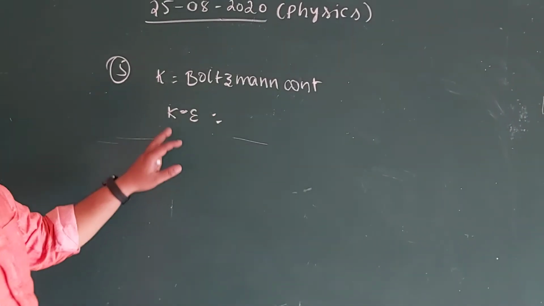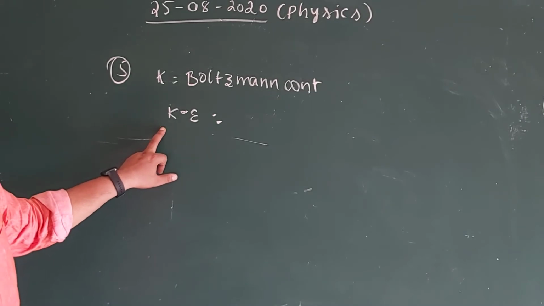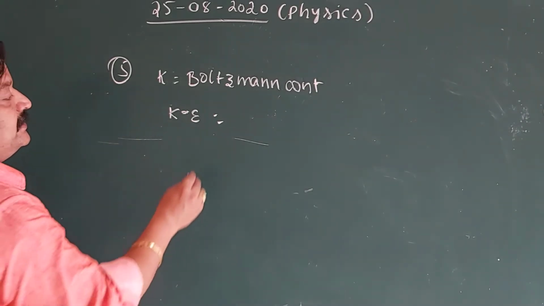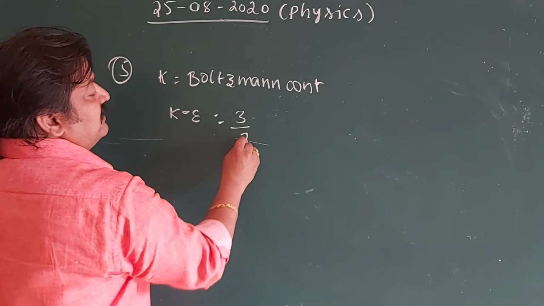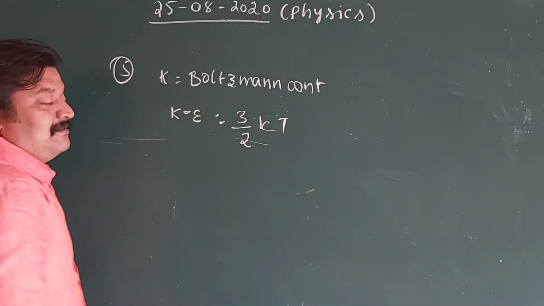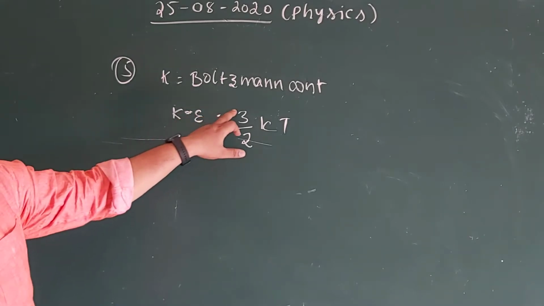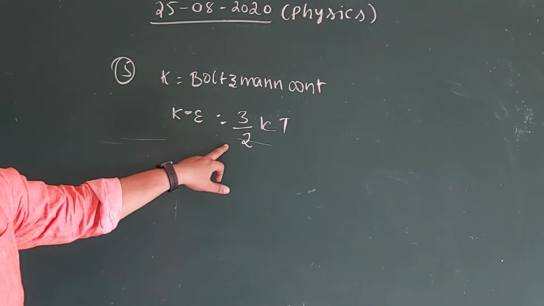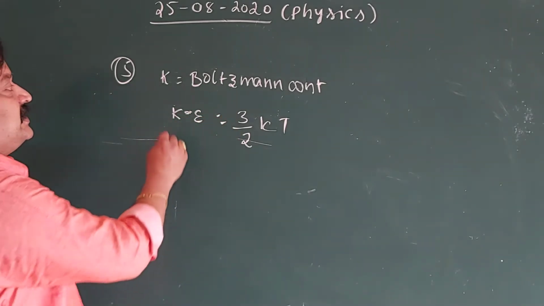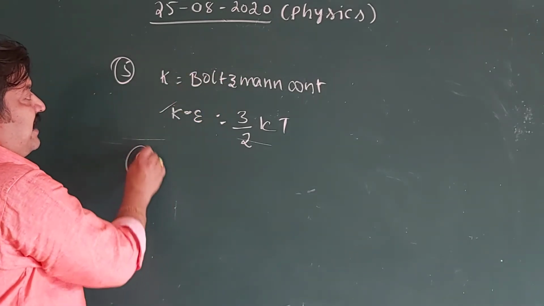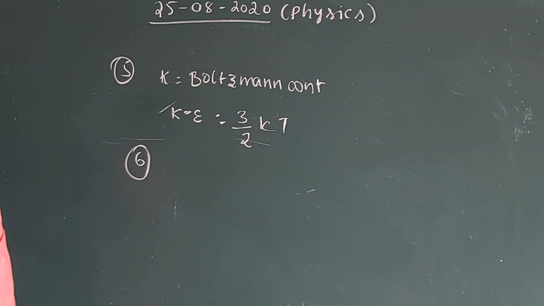We know very well already by the kinetic theory interpretation, KE is equal to 3 by 2 PV or 3 by 2 KT, because PV is equal to nRT, you can write it in terms of the Boltzmann constant K as 3 by 2 KT. Hence we can say that the fourth option is correct.